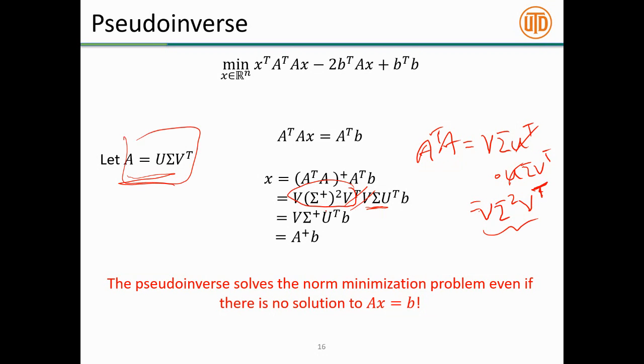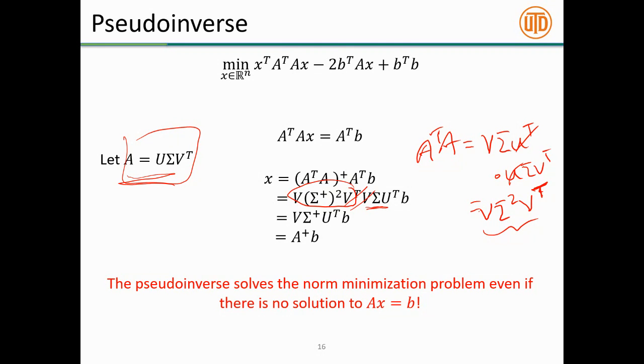But sigma plus inverts the non-zero entries of sigma. So when I take sigma plus and multiply it by sigma, I get a diagonal matrix of all ones and zeros. The ones are in the locations where sigma has a non-zero entry. So then sigma plus squared times sigma is just sigma plus.